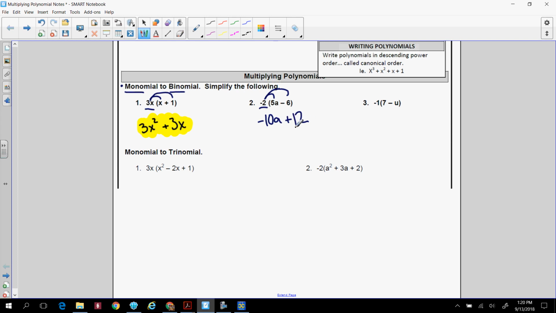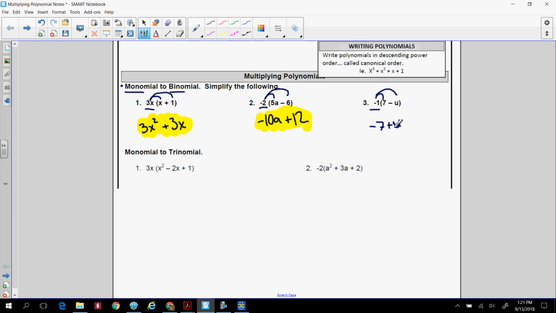I always want to check my answer. Are there any terms that I can combine? There are not. No like terms. So final answer.